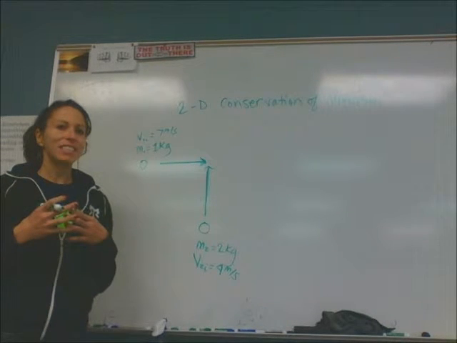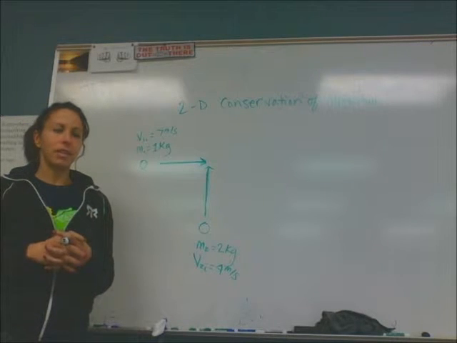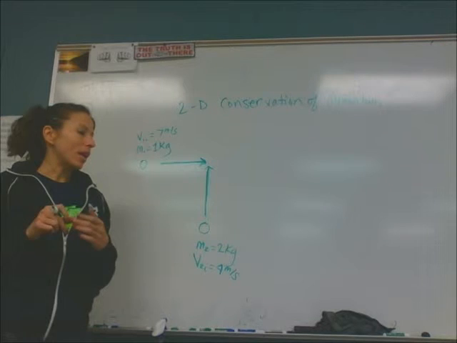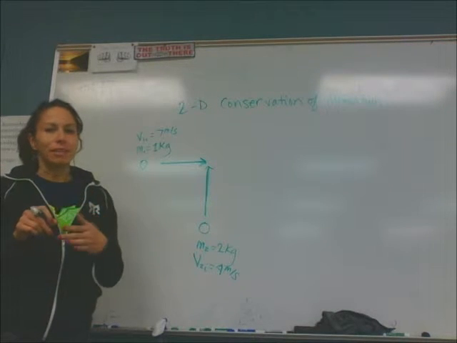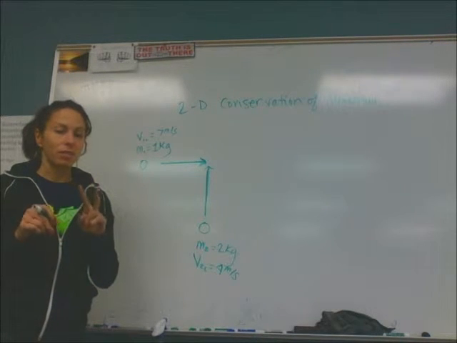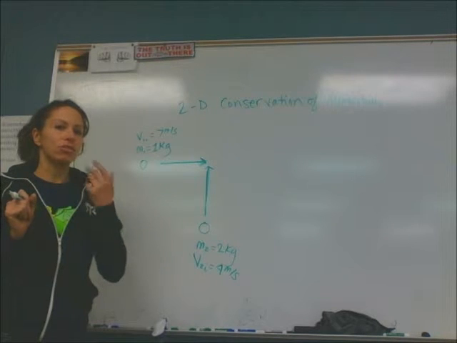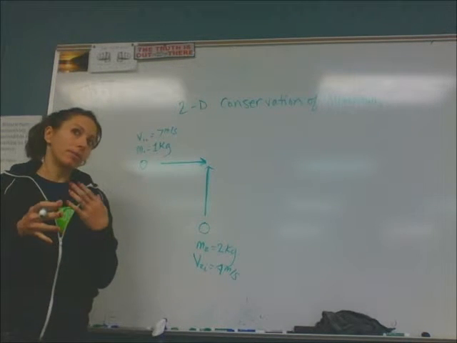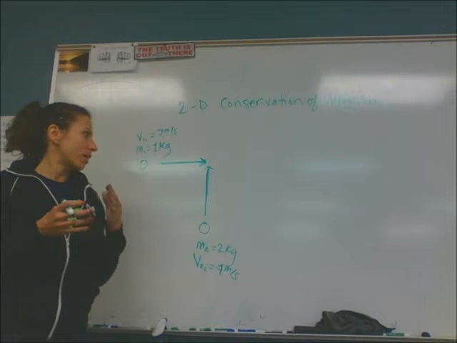Now, when I ask for magnitude and direction, that's two things, right? And two things requires two equations. The two equations that we're going to use are conservation of momentum in the x direction and conservation of momentum in the y direction.